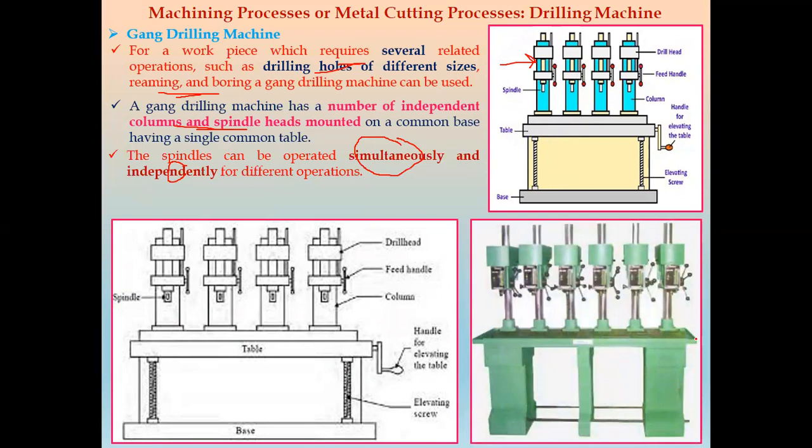This is the actual gang drilling machine, in which, if you see, 6 spindles are provided. So 6 operations can be done at a time. Gang drilling machines are available with or without a power feed mechanism. So sometimes manual feeding will be there, or sometimes power feeding or automatic feeding will be there. So this is the gang drilling machine.